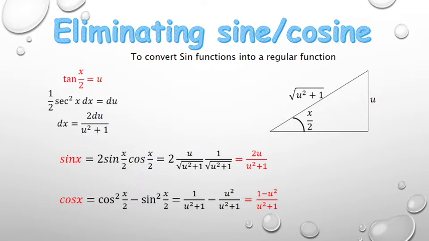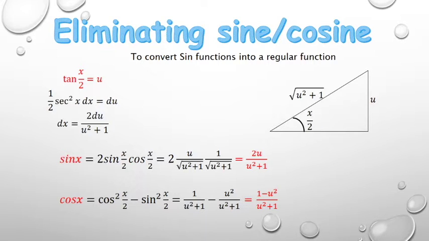And sine x, because we know that sine x equals 2 sine of x over 2 times cosine of x over 2, we can change this into 2u over the root of u squared plus 1 times 1 over the root of u squared plus 1, which equals 2u over u squared plus 1.